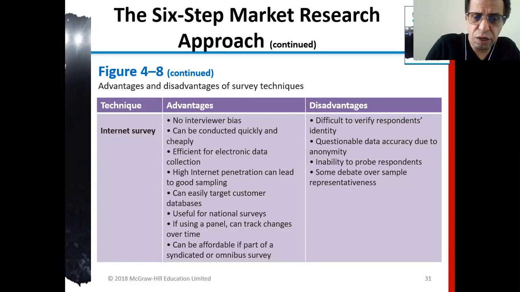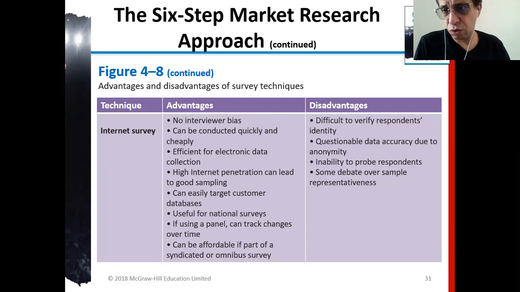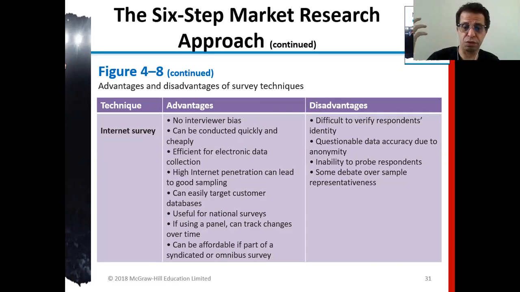It can be really efficient for electronic data collection. High internet penetration can lead to some good sampling. So if you send to 100,000 people and 50,000 people answer, it's good sampling. You can easily target a consumer database used for national surveys. And if you're using a panel, you can track the change over time also.